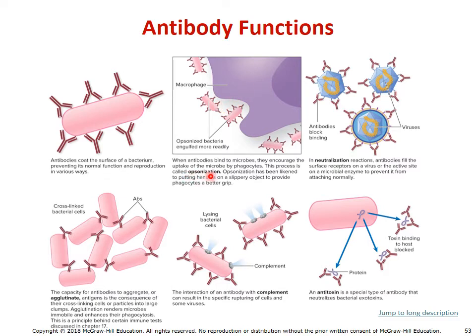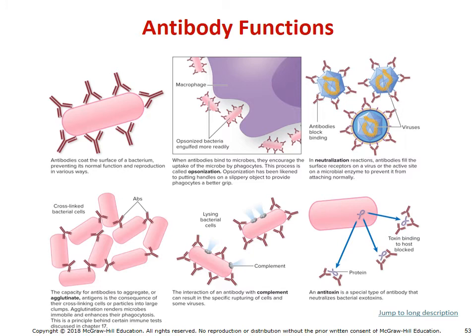We call this opsonization. But even just covering the surface of the cell lowers the likelihood of a cell or a virus, in this case, coming into contact with cells or tissues. And the idea is that neutralizes that cell or virus. So neutralization is blocking up the cell or virus's surface to prevent it from interacting with other things. That's why it's called neutralization.